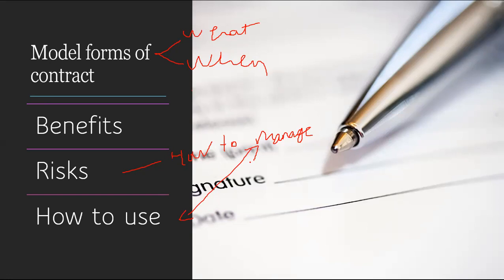Another risk of using a modified contract is that it does not eliminate the need to use a legal professional. When we use this modified contract, we still need to seek advice from the lawyer, from the solicitor.